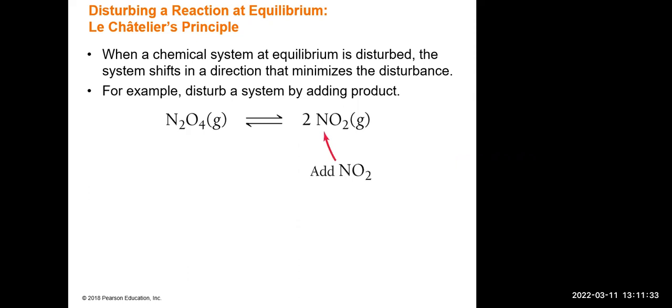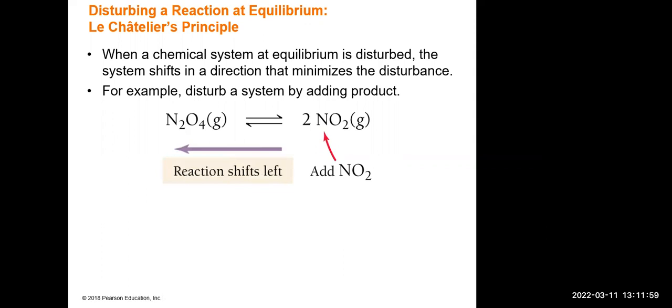So we are adding this NO2, which is on the right side of this equilibrium sign, and the chemical equilibrium tries to minimize your disturbance. If those are in gas or aqueous state, that will really become a disturbance. So therefore, it will shift to the left.